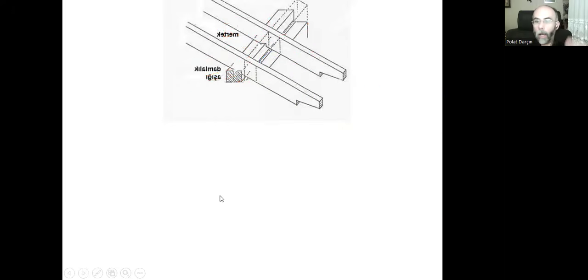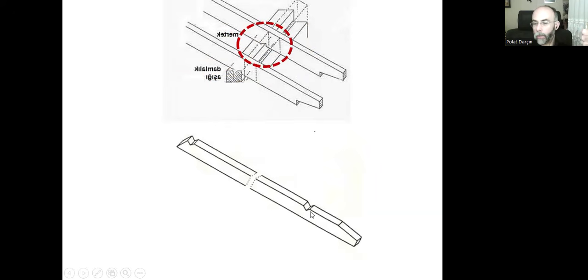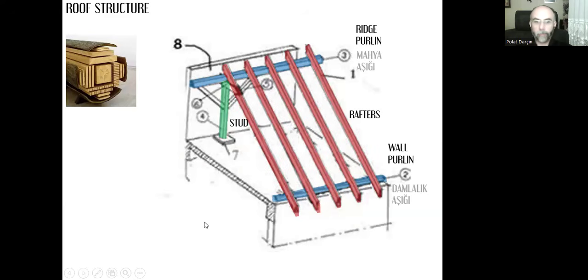That's an image that shows how we connect a rafter and the purlin. Because of this inclined position, for the connection, we need to have these grooves for rafters so that it won't slip down over the purlin.